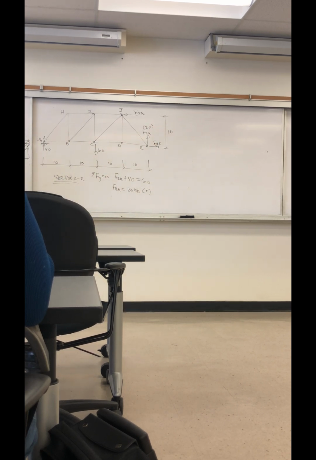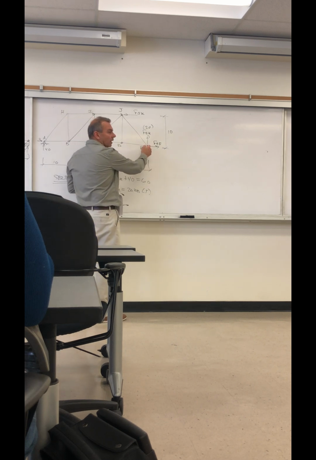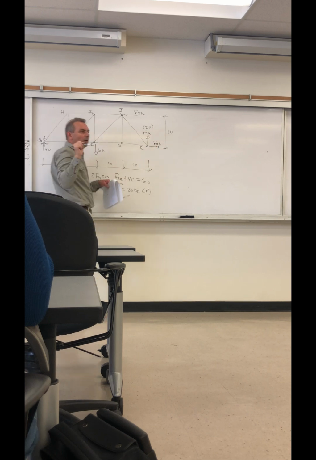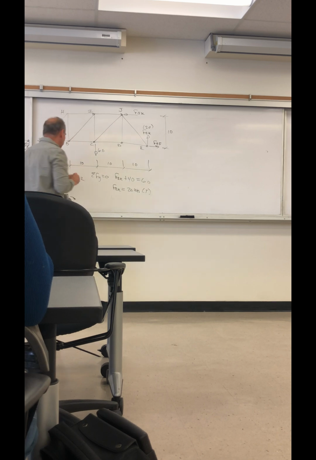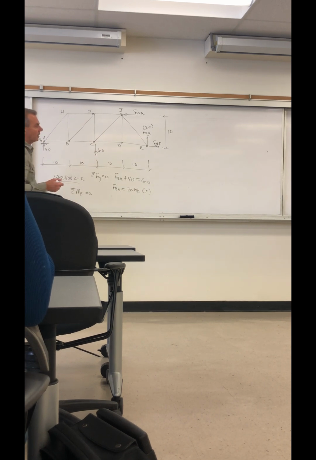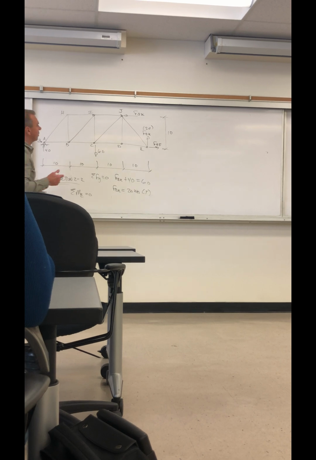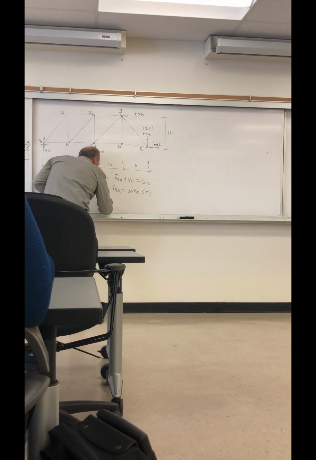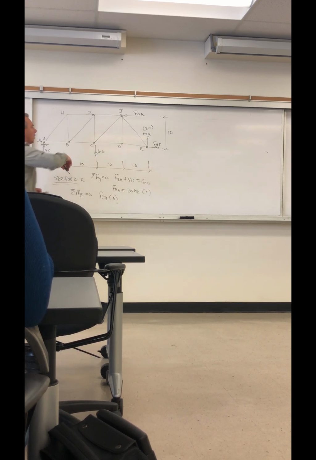Now we can solve, and we didn't have to, we could have done this first, for F of JK. The reason I say we could have done that before F of EK is we're going to sum moments about E, and F of EK and F of EF aren't needed for that because they go right through that point. So a summation of moments about E equals 0. The force I'm interested in, the reason I'm taking moments about that point, is F of JK. So I have F of JK multiplied by the height, 10, a counterclockwise moment.